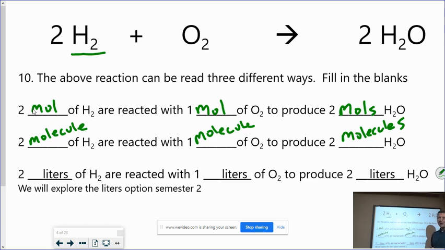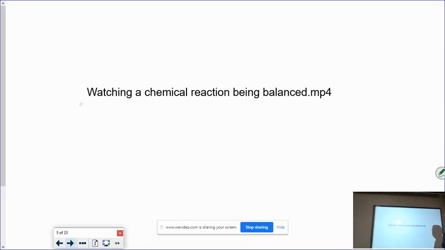Those atoms are going to react together to make a compound, and that compound would in fact be called a molecule then. And later on in semester 2, we can read this as 2 liters of hydrogen gas react with 1 liter of oxygen gas to produce 2 liters of water. But that'll be later on in the year, and you don't need to know about that right now.